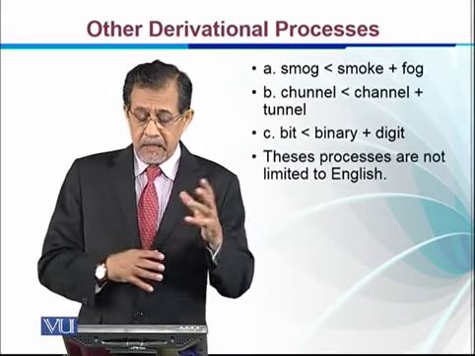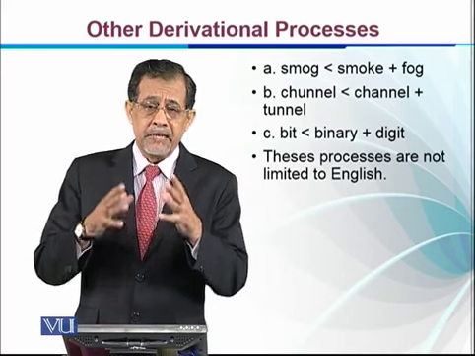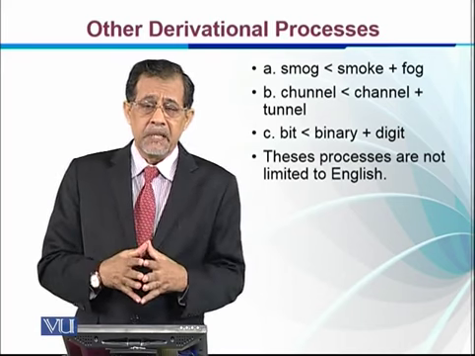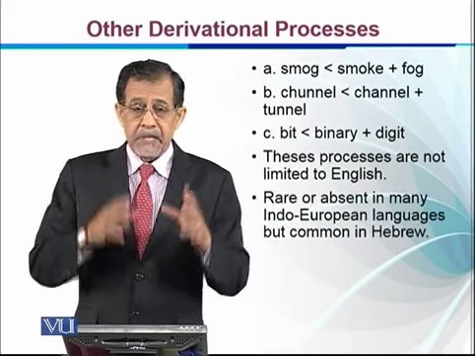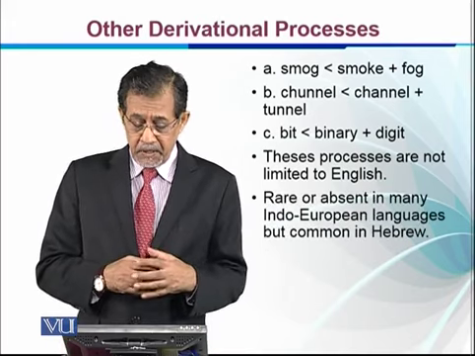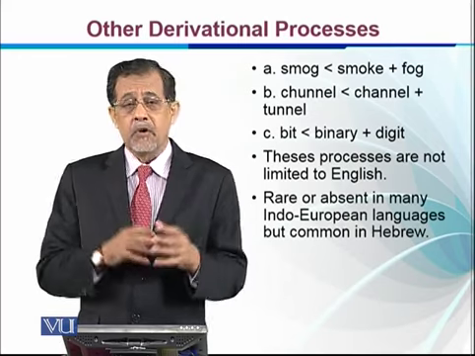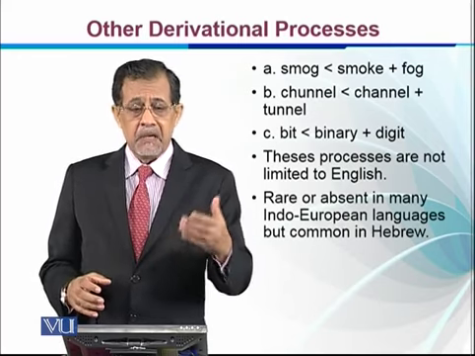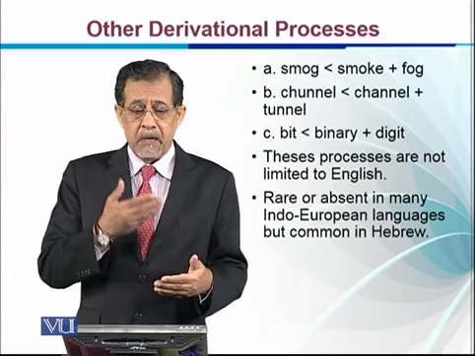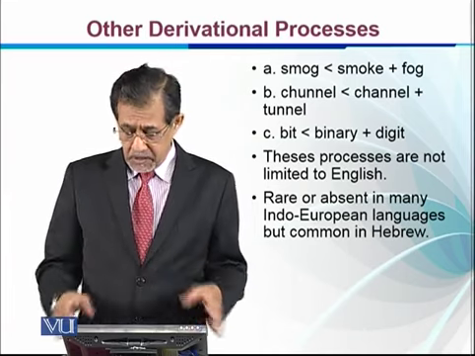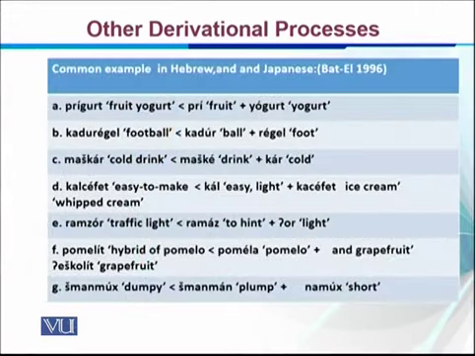These processes are not limited to the English language. They are also found in many other languages as well. But they are rare in Indo-European languages, and very common in Hebrew and Arabic, languages that have come down from Hebrew, the Semitic languages.